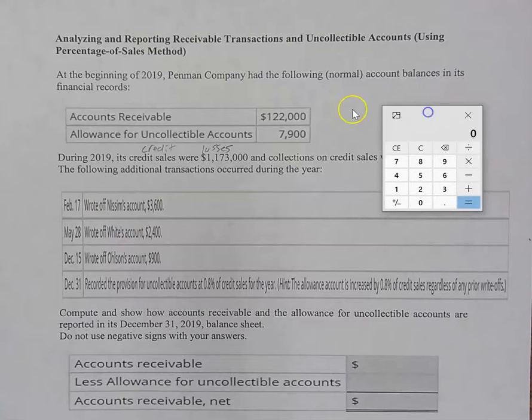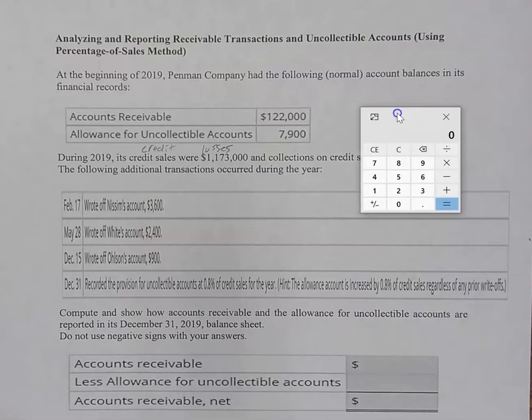But I just want you to understand this gives us all of the ingredients we need to come up with the beginning net accounts receivable amount. What is our asset accounts receivable worth in reality? This is the gross amount. The gross amount minus the allowance figure here would give us the net amount.